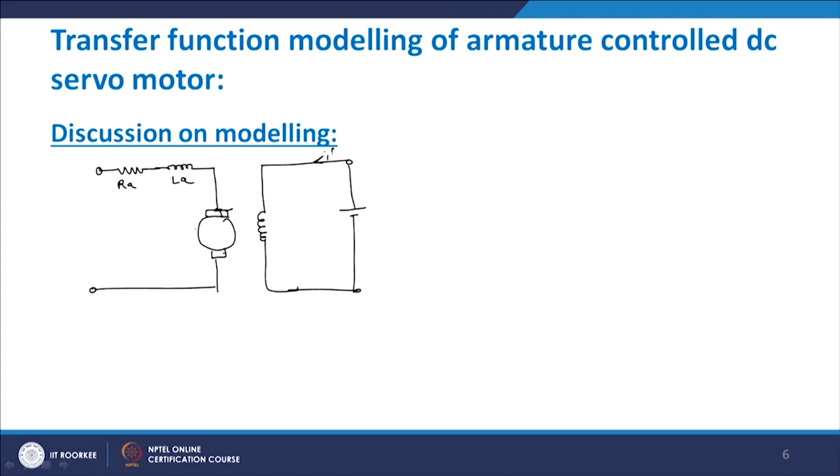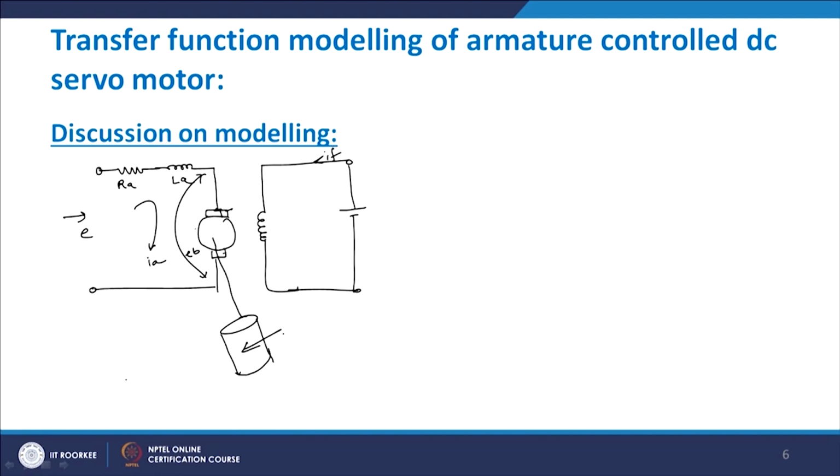Now, here is the field current, E is the applied voltage. Now, here we will get a back EMF, and here is the armature current. So, now when this motor rotates, it has to drive against the moment of inertia and the friction.